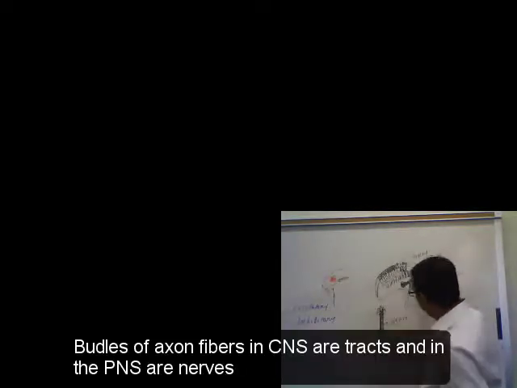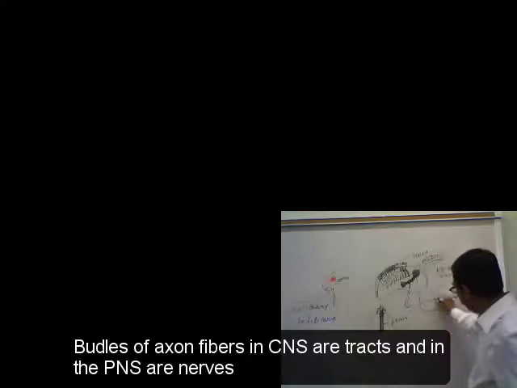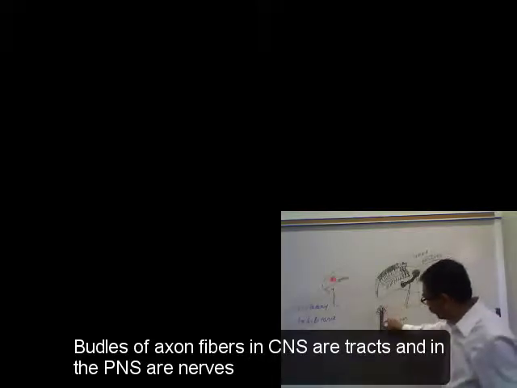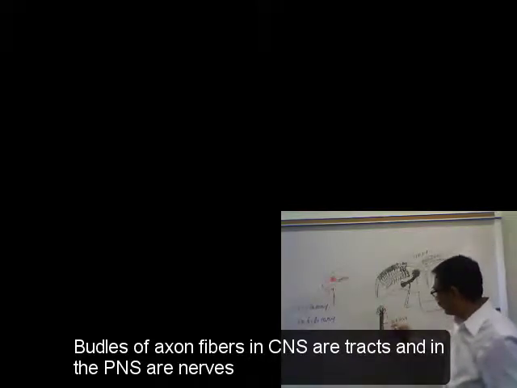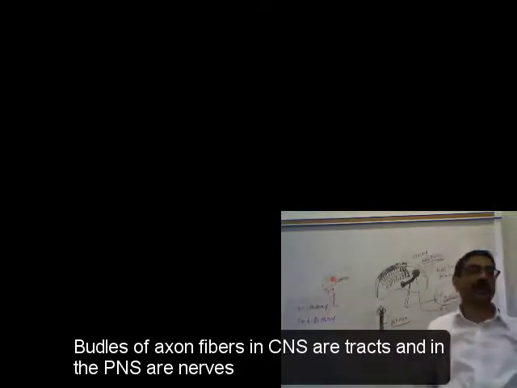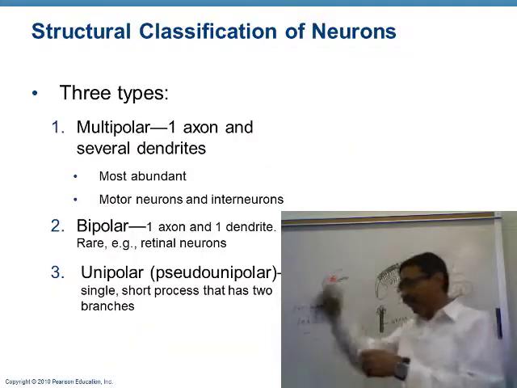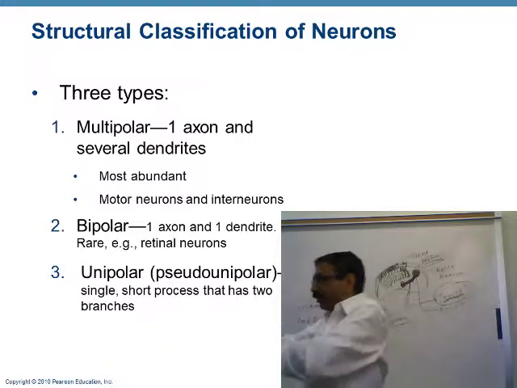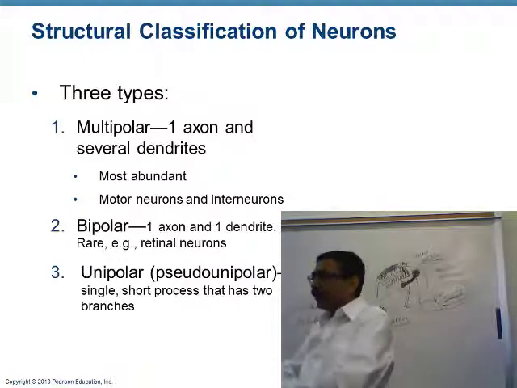So no nerve in the central nervous system. Nerves are only in the peripheral nervous system, but nerves are very similar to the tracts. The bundle of fibers in the central nervous system are called the tracts. Bundle of fibers in the peripheral nervous system are called the nerves. So in a nerve, you have many axons. Make sense?